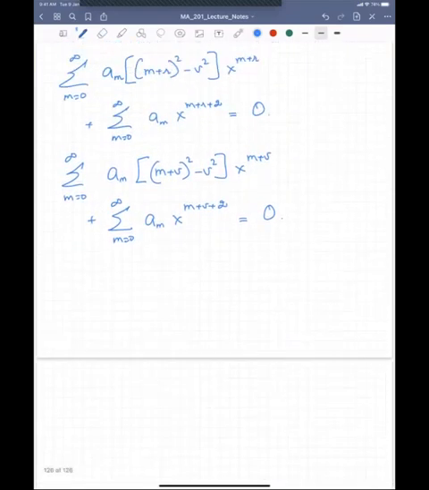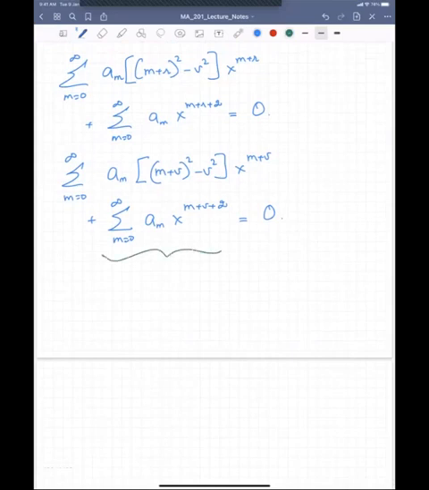All right. So before proceeding, a recursion relation should tell you a condition between two different coefficients, right? So the first thing to do is to massage this equation such that I get two different coefficients. And I can do that by looking at the second series.